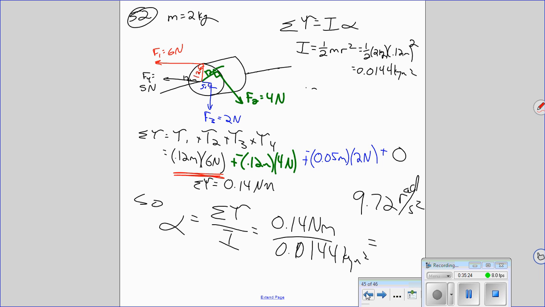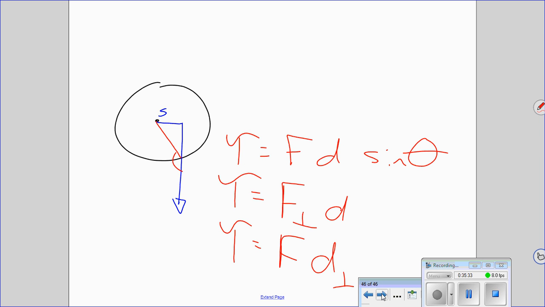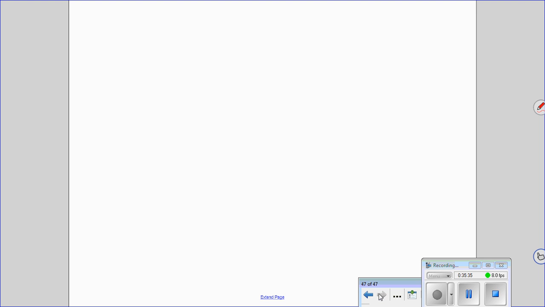What's the last number? 57. A pulley with a rotational inertia of, oh, what is that? It's got to be 10 to the negative third. You're right, I'll make a note.